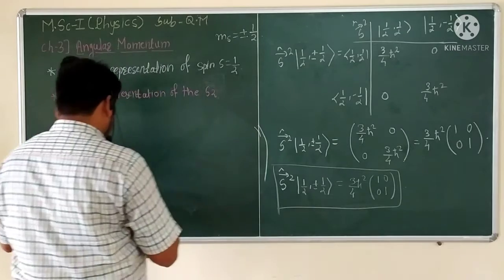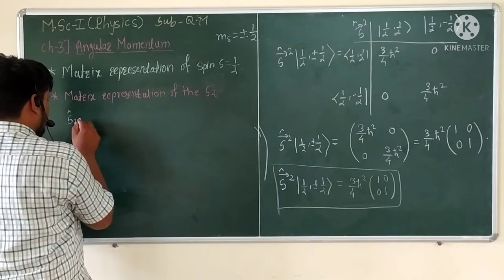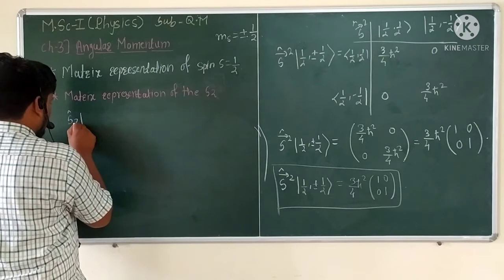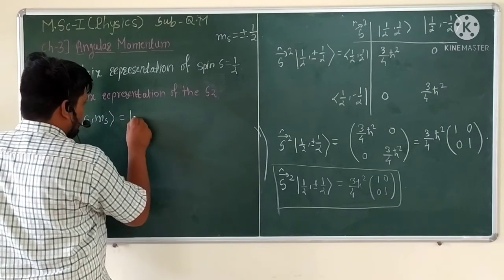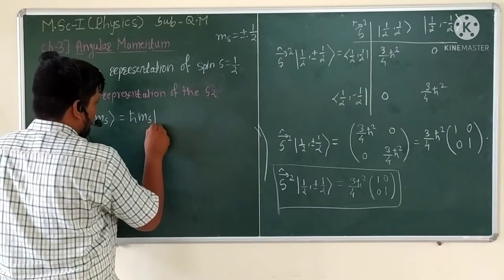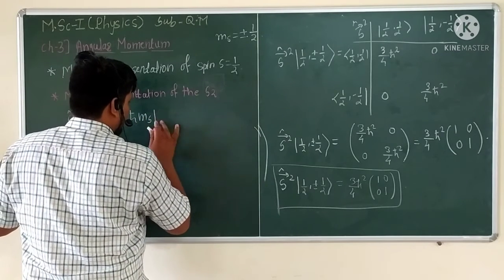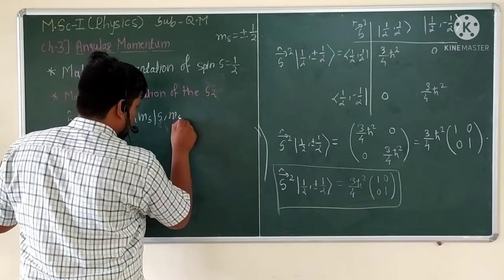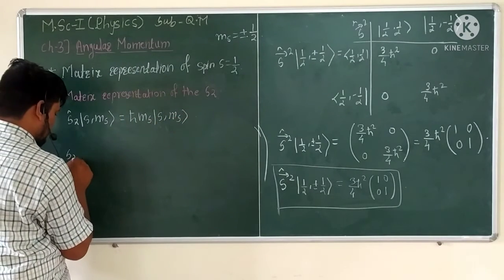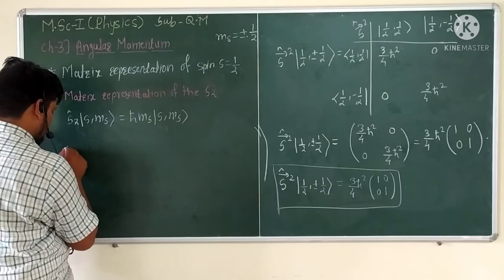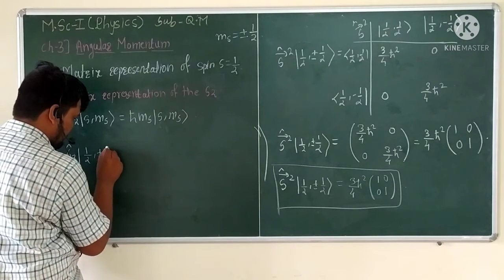matrix representation of the Sz. We have to know the eigenvalue and eigenvector of this Sz, which is nothing but the h cross of ms times s comma ms, and this is nothing but Sz cap of half comma plus or minus half.